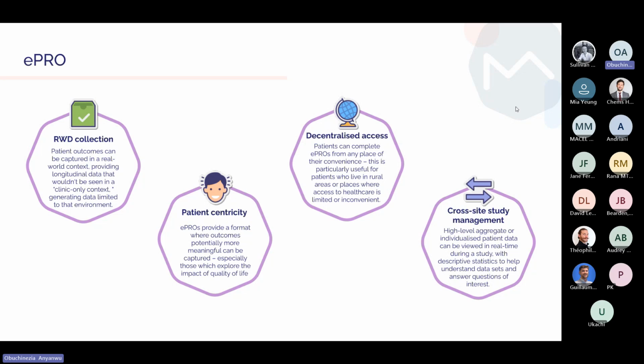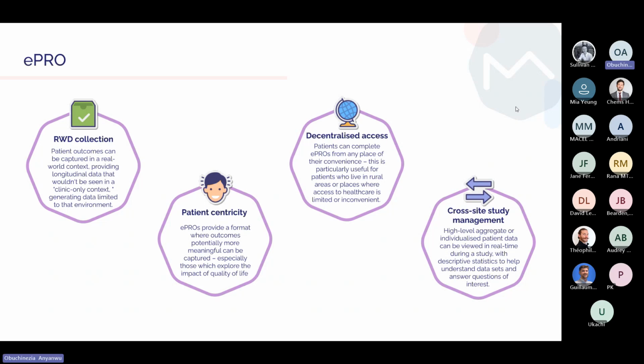So again, the longitudinal data, granular data. And this is really important, for example, for assessing any fluctuations or seeing how certain environments or lifestyles can impact the efficacy of a healthcare intervention or how patients respond to treatment.